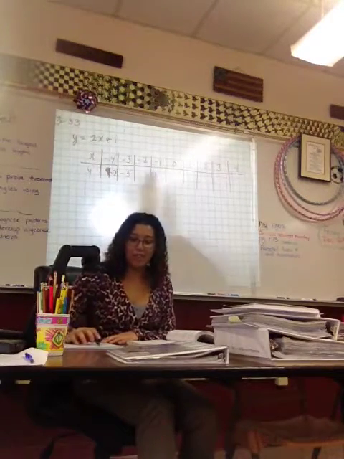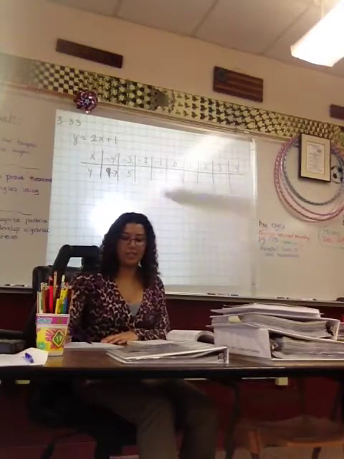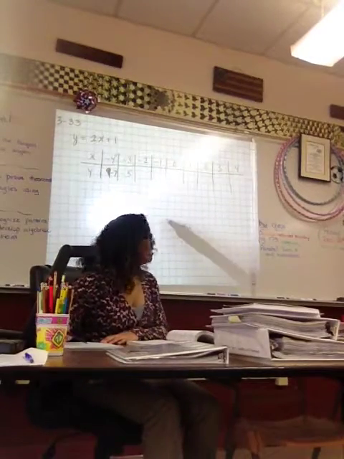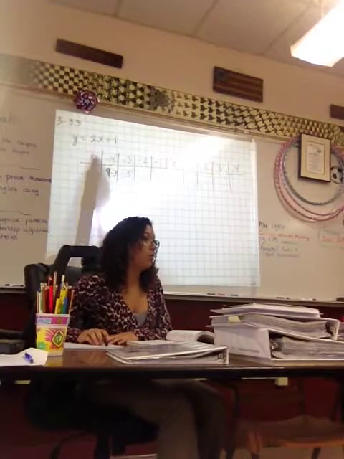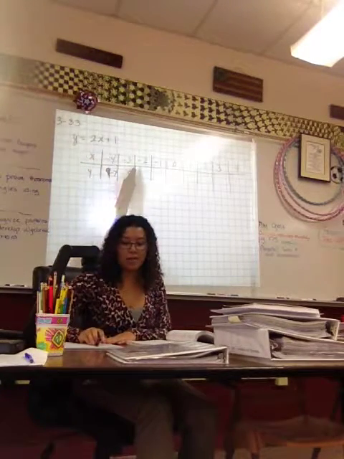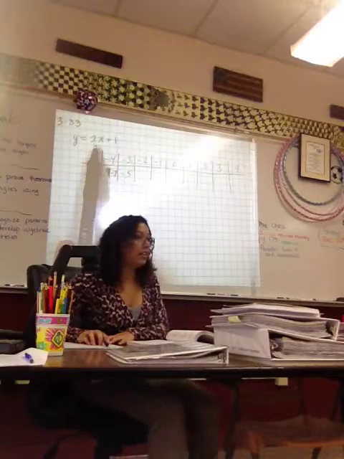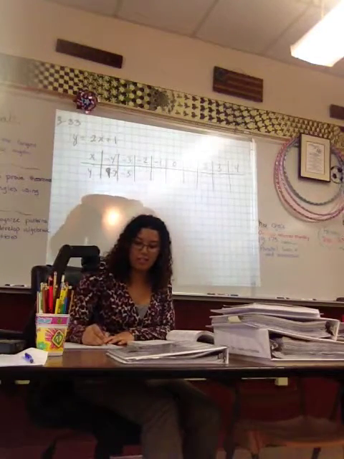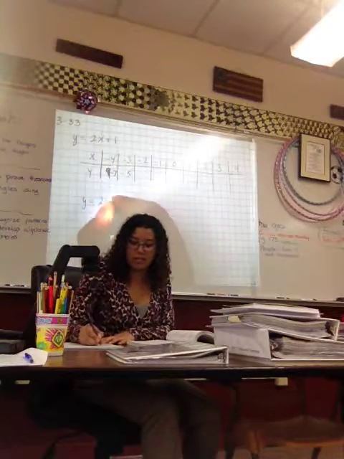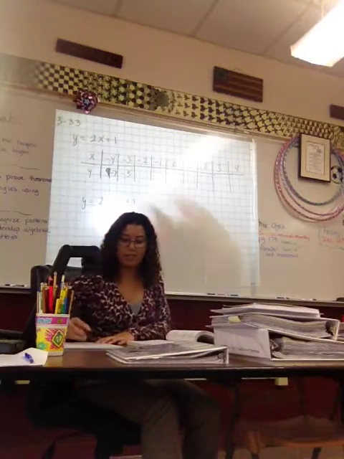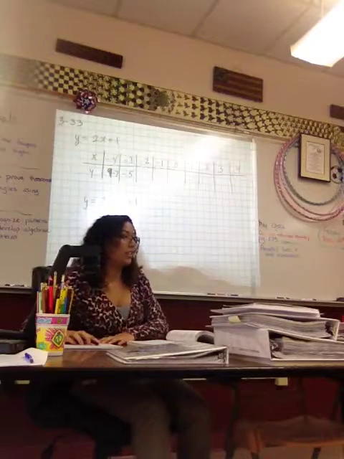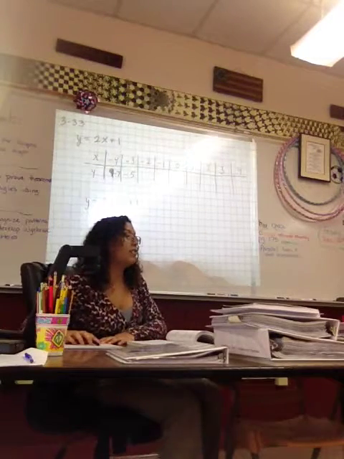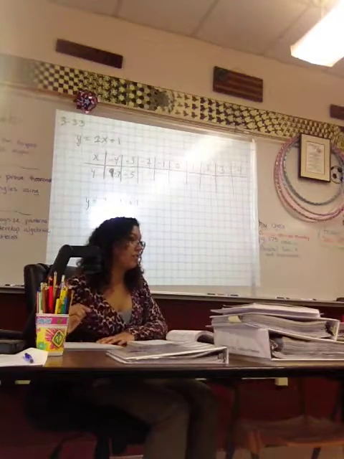Okay, so we're solving for these outputs, so we're taking each one of the inputs here and you want to put it into your equation y equals 2x plus 1. So if I were to put in -2 here, it's going to look like that, and then to solve for that equation is what we're doing. If you were to multiply it, you need to make sure there's parentheses around the negative sign.